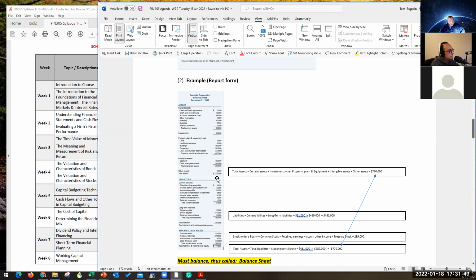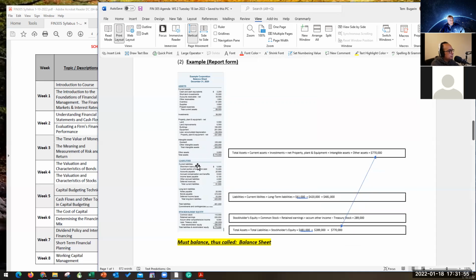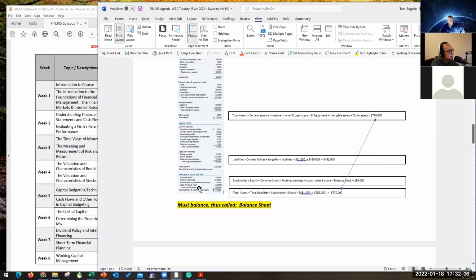And that comes out in this particular sheet, 770,000. Okay. Now, when you add up liabilities, made up of current liabilities plus long-term liabilities, that comes to 481,000. Then you take a look at the stockholders' equity, which consists of common stock plus retained earnings plus accumulated other income minus treasury stock.